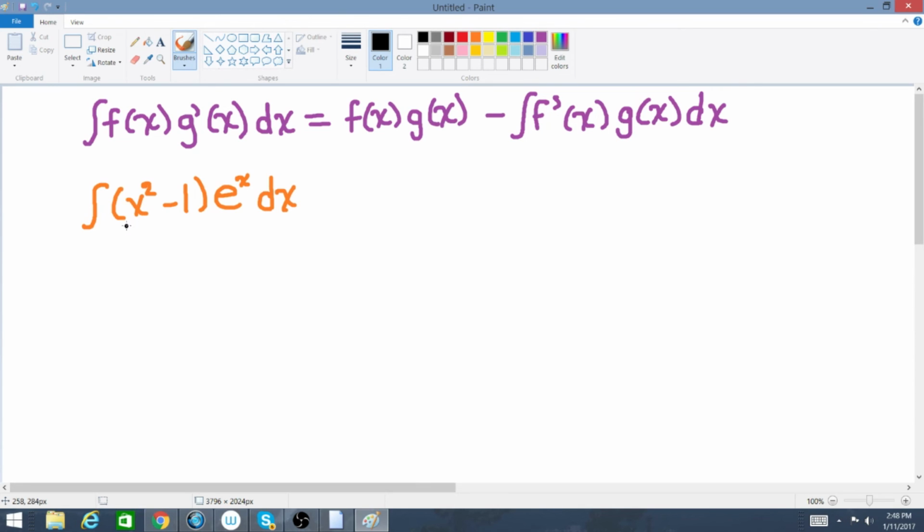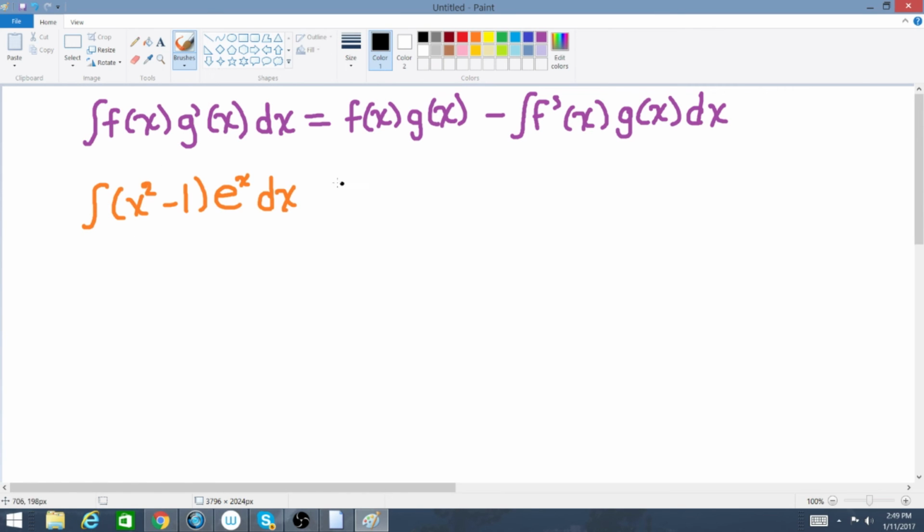The example we have here is the integral of x squared minus 1 times e to the x dx, and above in purple we have the formula for integration by parts. To start off, we have to look at the integral and assign one component to be f of x and the other component to be g prime of x. We choose f of x to be the component that, if derived, would become simpler, and g prime of x to be the component where, if you find the antiderivative, it wouldn't become any more complicated.